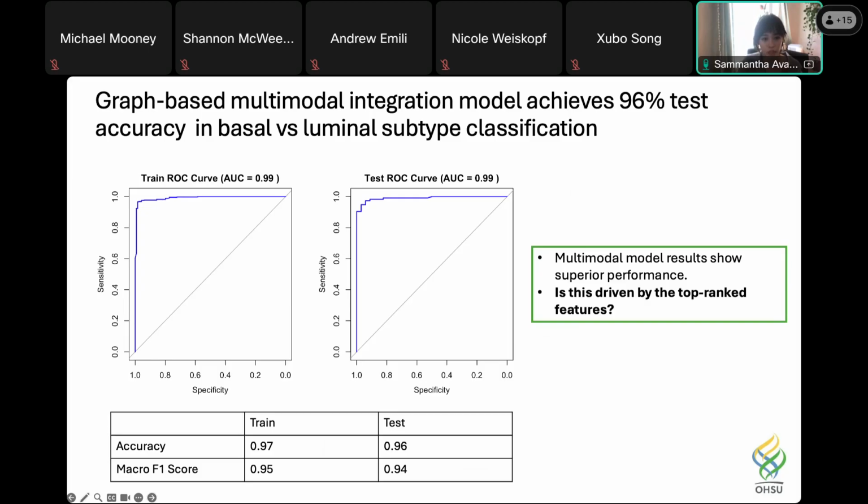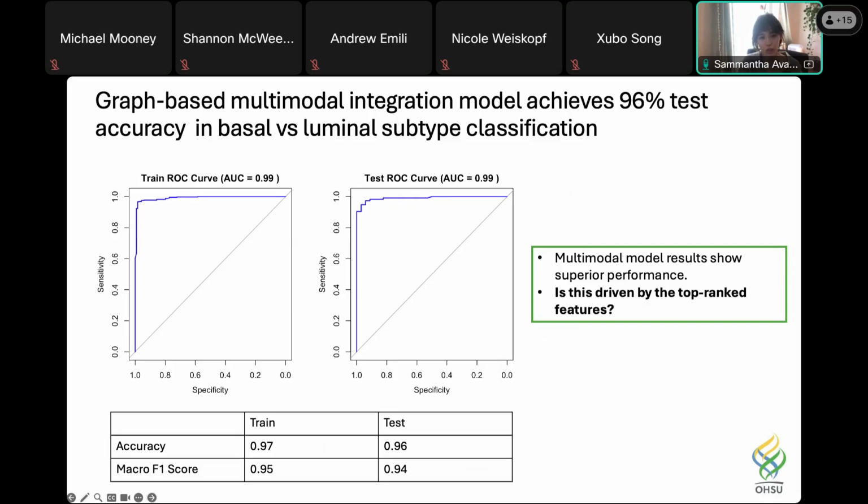Again, if we look at our graphs above, we can see that both training and test achieved 99% AUC. And so what these results really show us is that our multimodal model was able to characterize and leverage the relationship between RNA and H&E image features, as well as shows us the advantage of using this approach for molecular subtype classification.